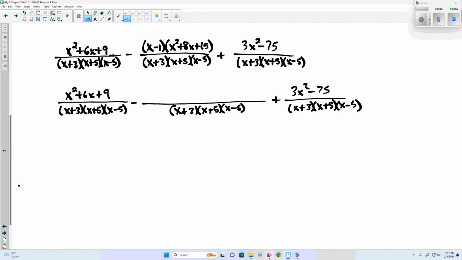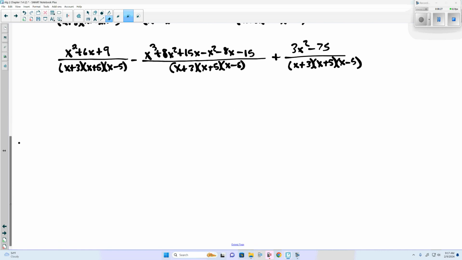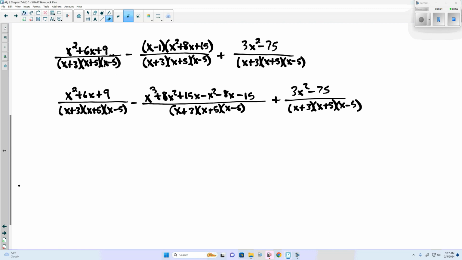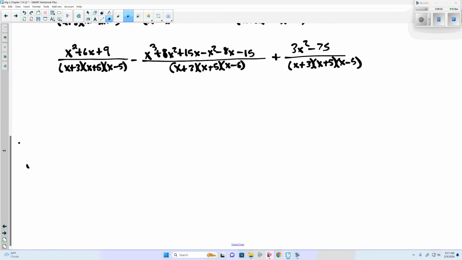Now we need to multiply these last two together. I'm going to go on and just fully multiply this out. And we get this here. Now we can't combine like terms in the middle. Apparently, it's going to scroll. x squared plus 6x plus 9.